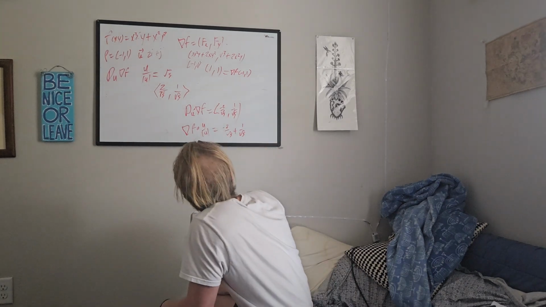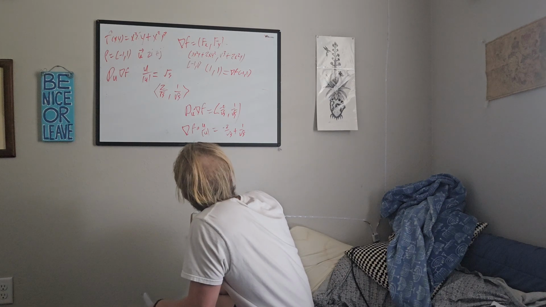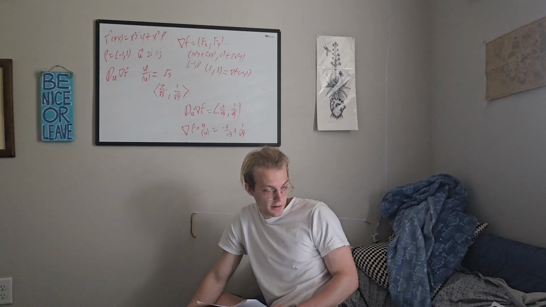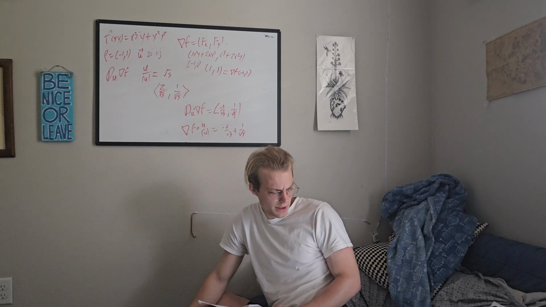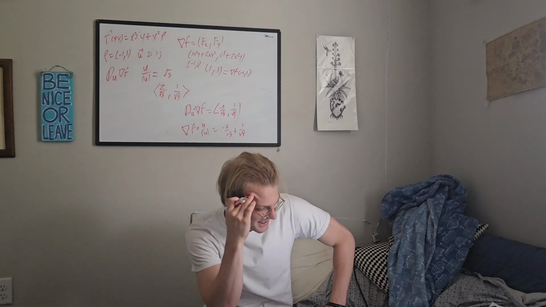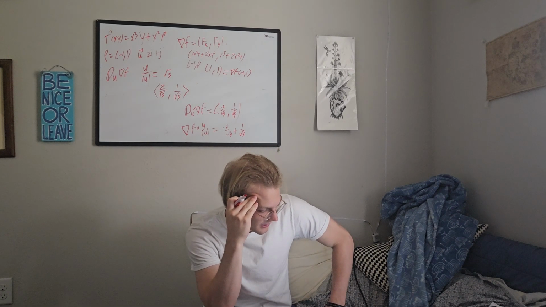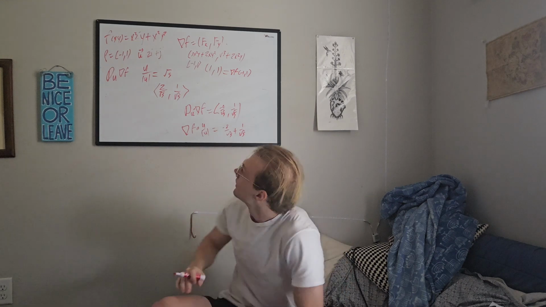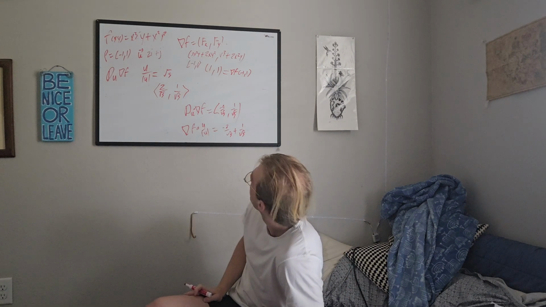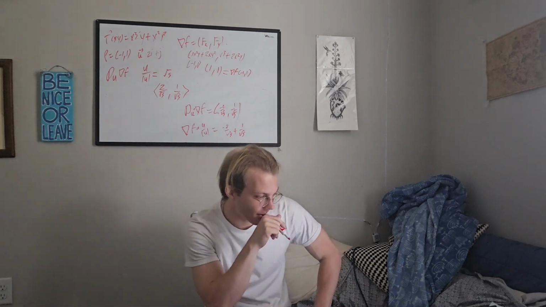Am I wrong? No, I'm not wrong. What? She did it wrong? Are you kidding me? Oh, she did it wrong? Because you have 1, 1. And then okay, I think I might have done it wrong.